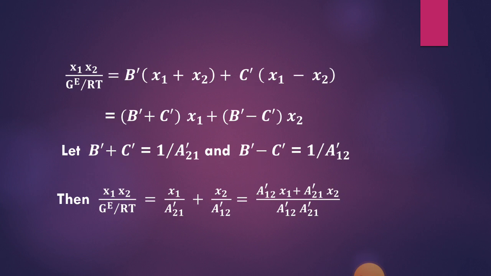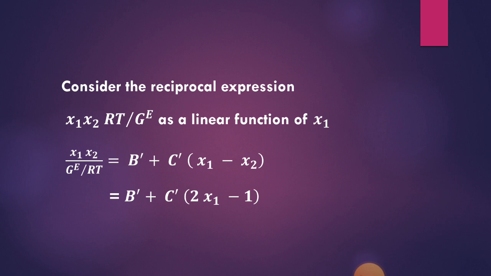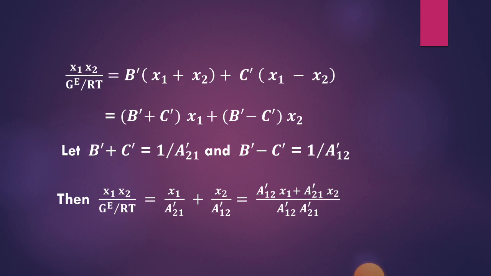In place of 1 we substitute x1 plus x2, so we get B prime plus C prime into x1 plus B prime minus C prime into x2.